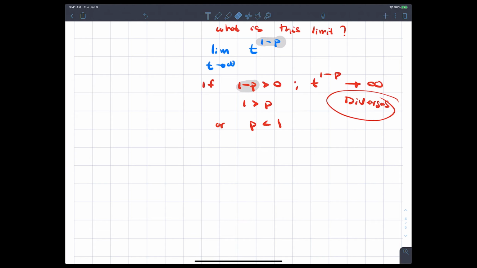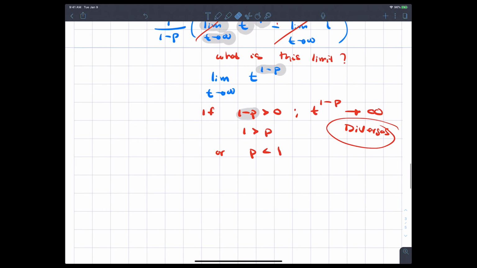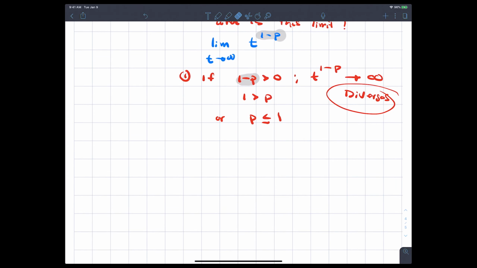So I want to look at that particular case. So here's my first case. Really the second case. The first case was when p was 1. We looked at that. This is really the second case. But for these two here, we're going to look at the opposite now. We're going to say, okay, if that 1 minus p is less than 0, it's negative.